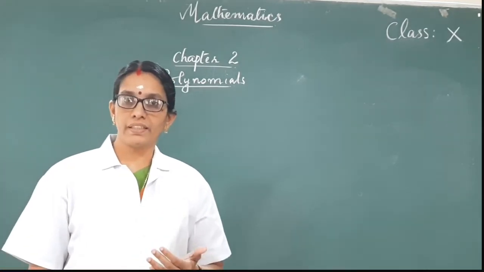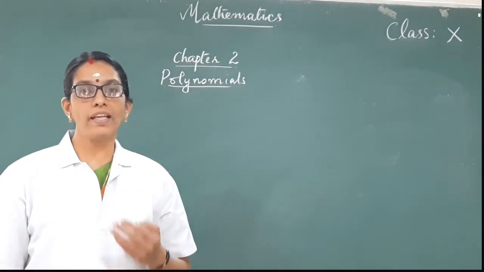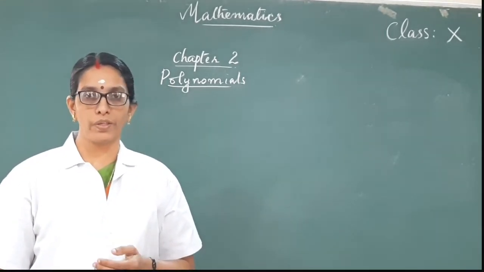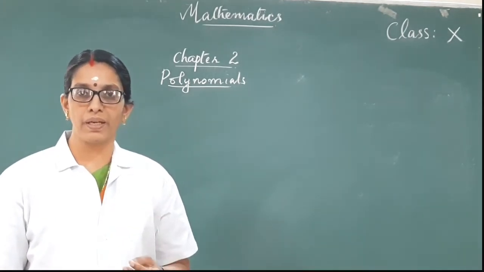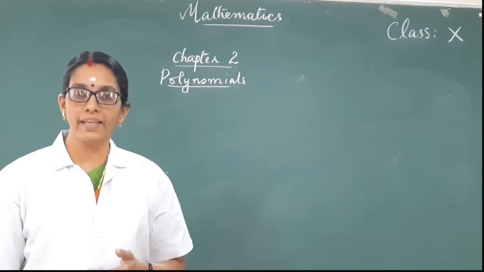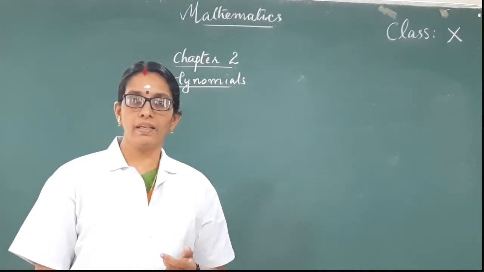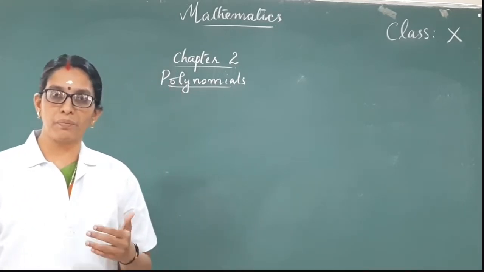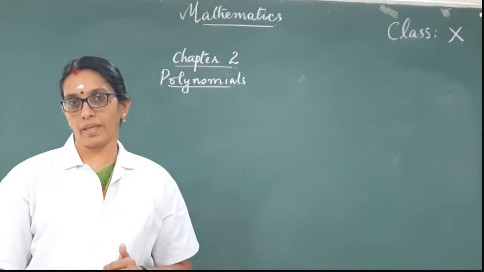Then you have seen that we can give any value for the variable in a polynomial. Based on the value of the variable, we can have different values of polynomials, isn't it? Now, let's discuss some more problems on this value of the polynomial.